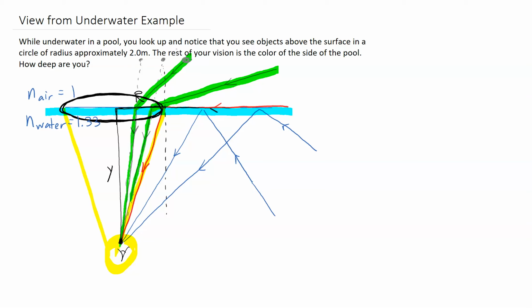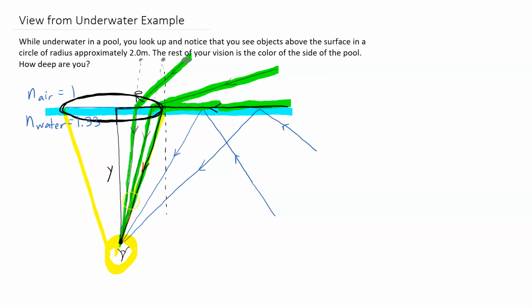Now there's something called the critical angle, which is when total internal reflection happens. A light ray that comes from just above the surface, like something standing on the shore, maybe a person on the side of the water here, comes in and it bends.